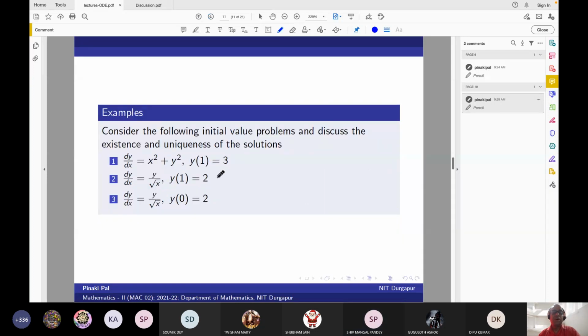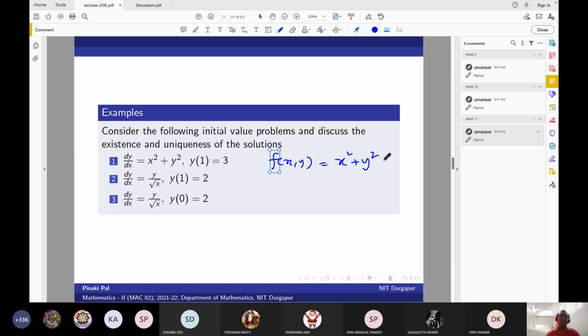Yes, so consider the first example. What is your f(x,y)? In case of the first example, x² + y². It is a polynomial in x and y. For polynomial functions we already know, there is no need to check anything. It is sufficiently smooth. That means not only are these functions continuous, but derivatives of all orders of a polynomial function exist and are continuous.